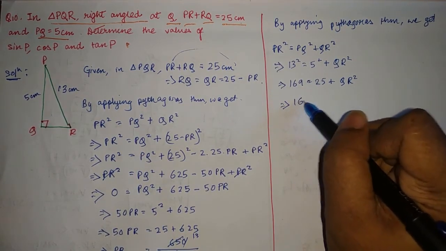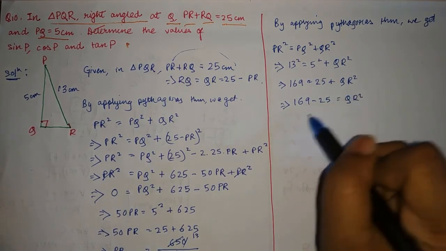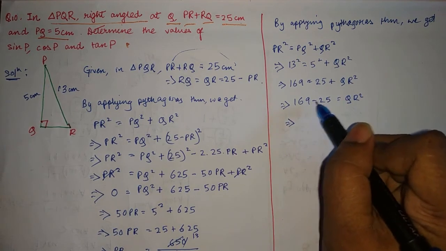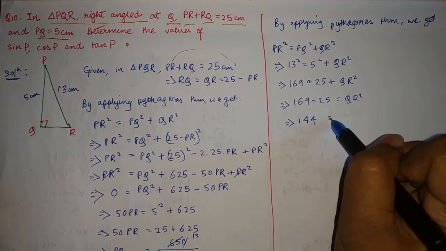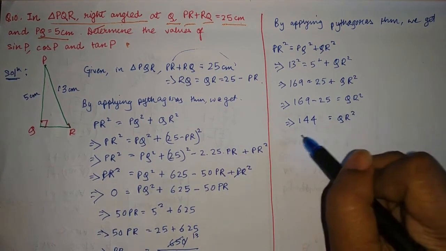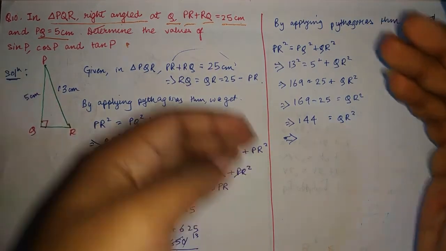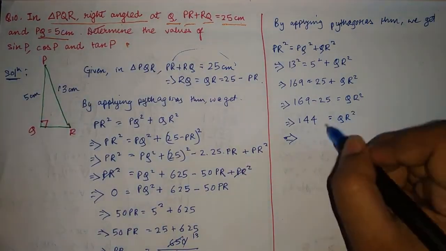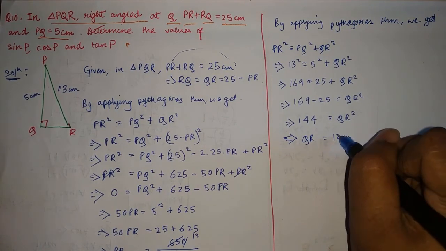You will get 169 minus 25 equals QR squared. So 169 minus 25 will be 144. Take square roots on both sides and you will get QR is equal to 12 centimeter.